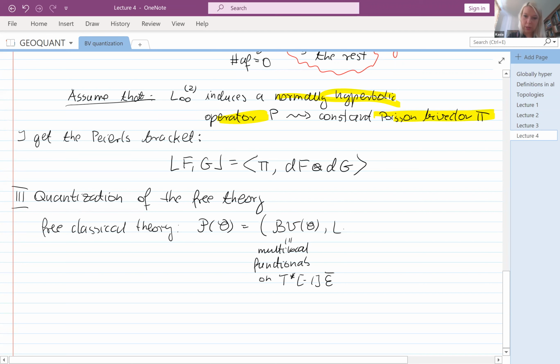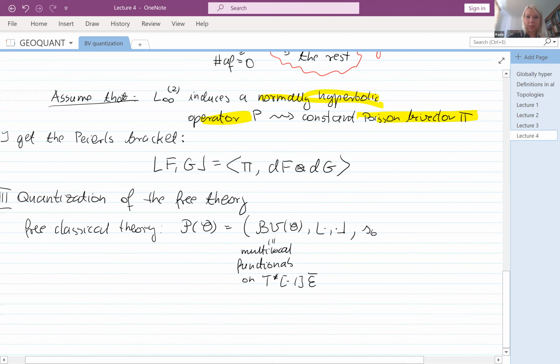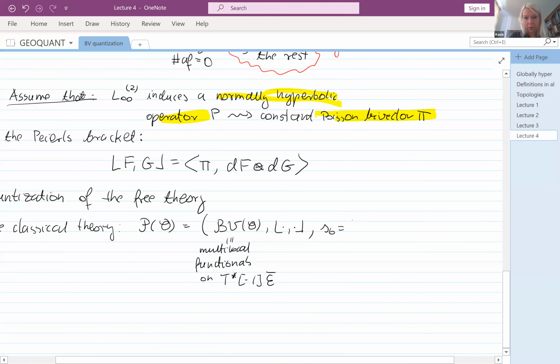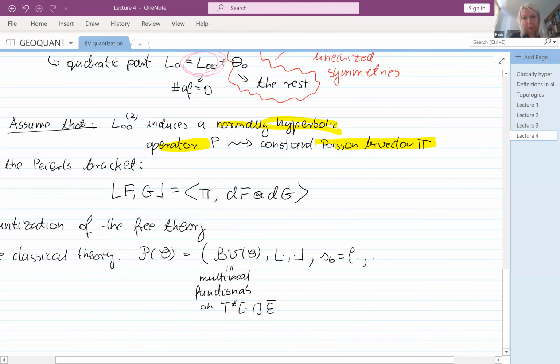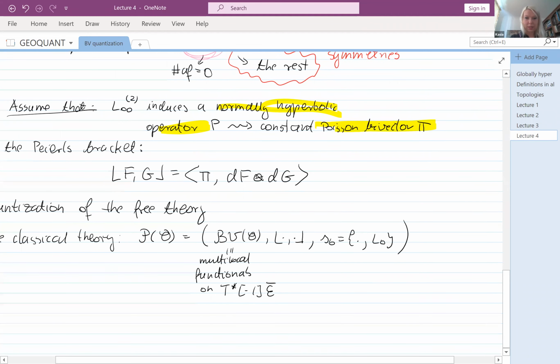We have the Poisson bracket as before, and we have the linearized BV differential, which is the anti-bracket with L0. So now I take the full L0. Okay, so this is the output from the classical theory.